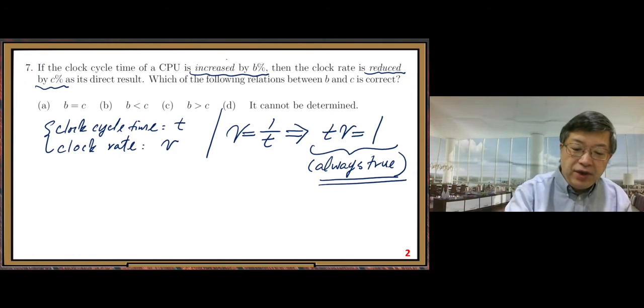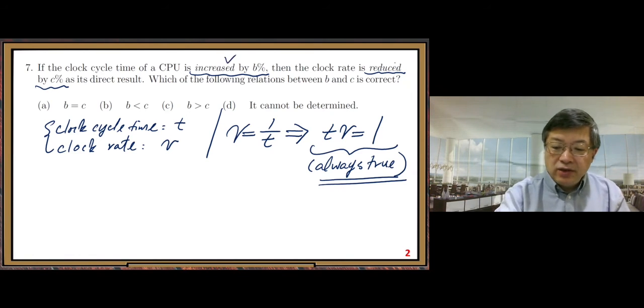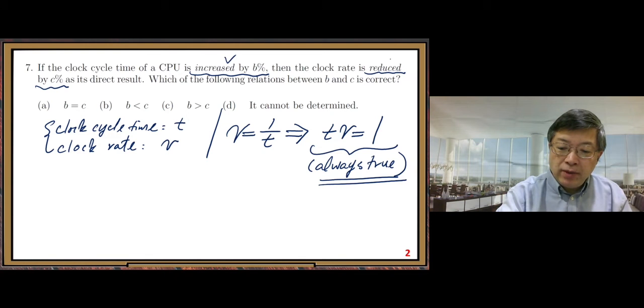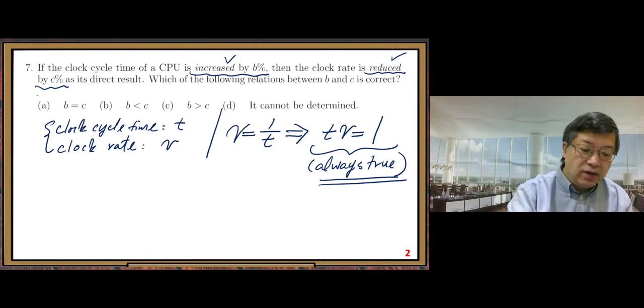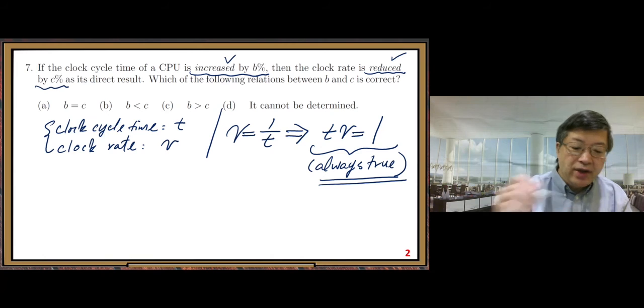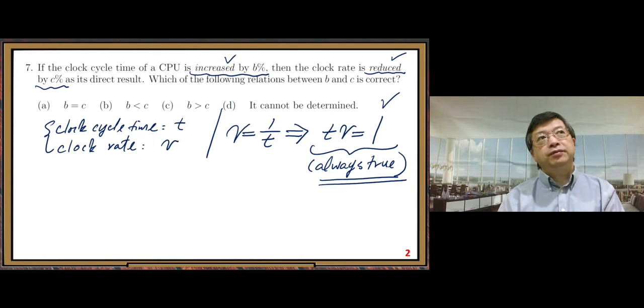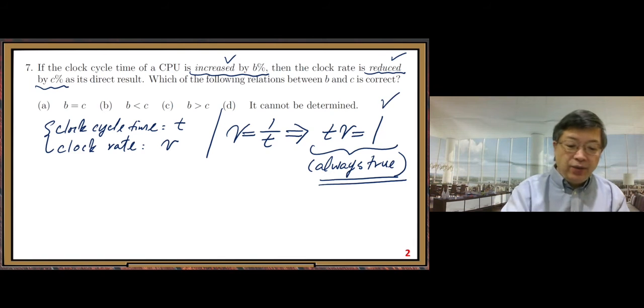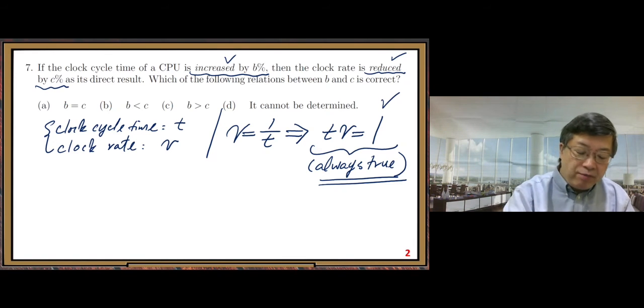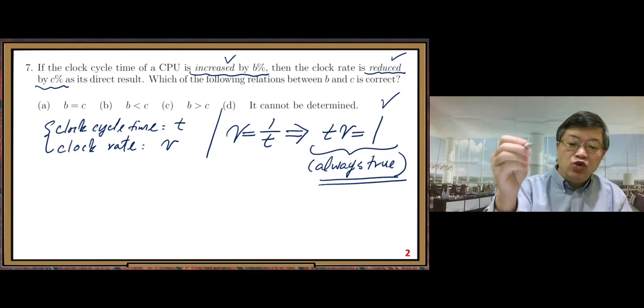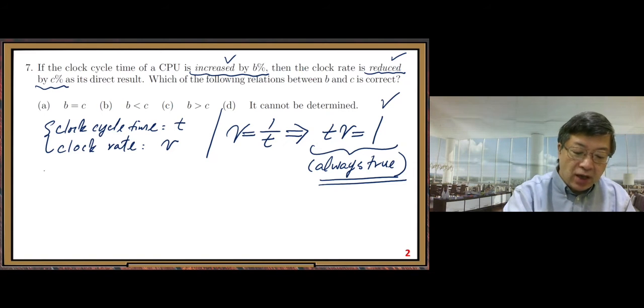That means after you increase one number, as a direct result, decrease another number, this equation is also true. Based on that, we can get this. Increase T by B%. Here we can drop the percent sign.